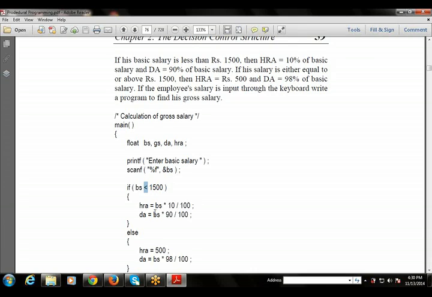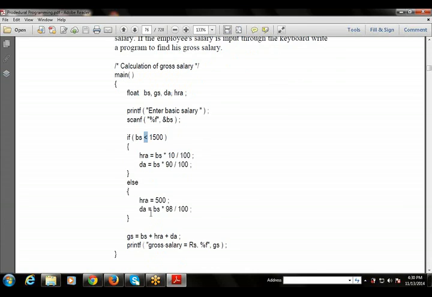Either that condition is true, otherwise the else condition will be true. Else HRA equals 500 and DA equals 98% of the basic salary. This is the example of how the gross salary calculation is done depending on the if-else condition.